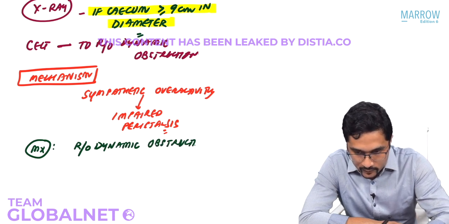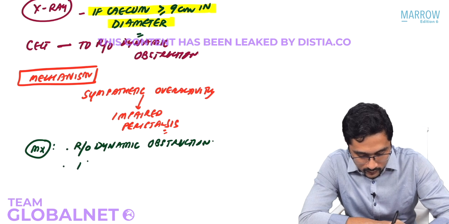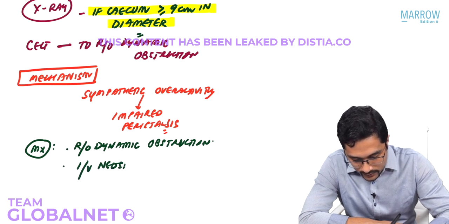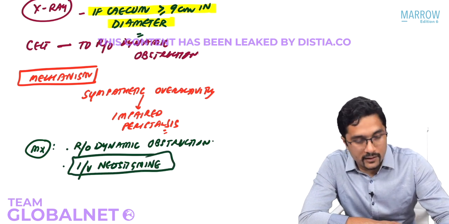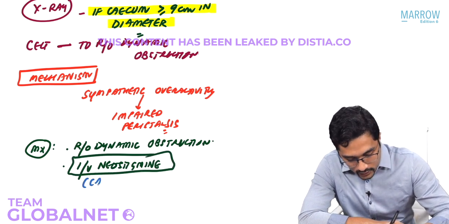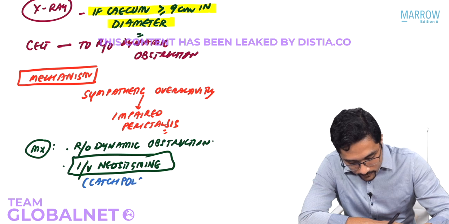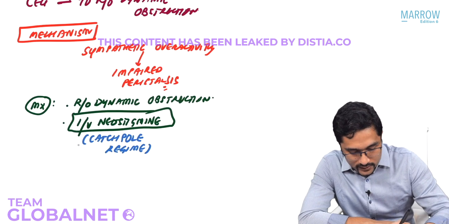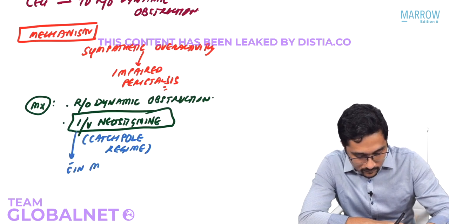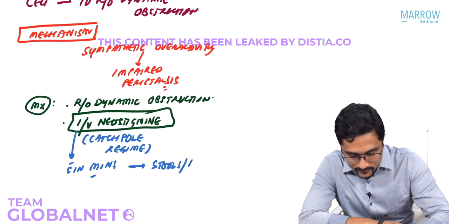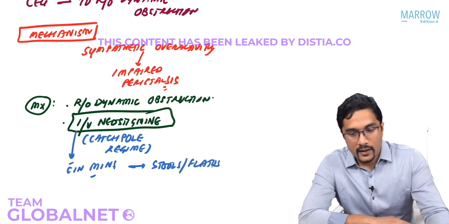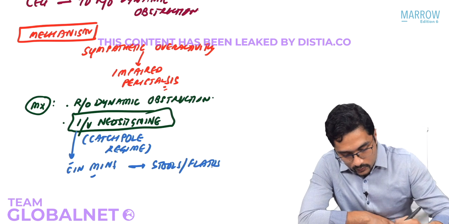and once dynamic obstruction has been ruled out, we give IV neostigmine. And this giving of IV neostigmine is known as the Catchpole regime. When you give this IV neostigmine, within minutes, patient passes stools and flatus.